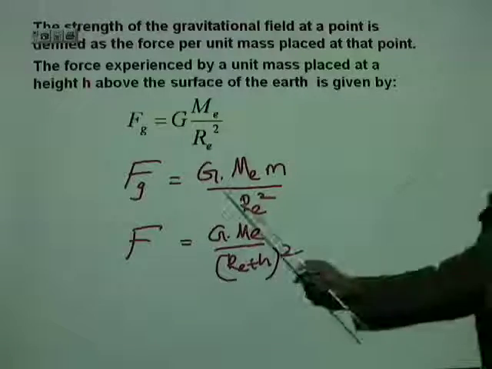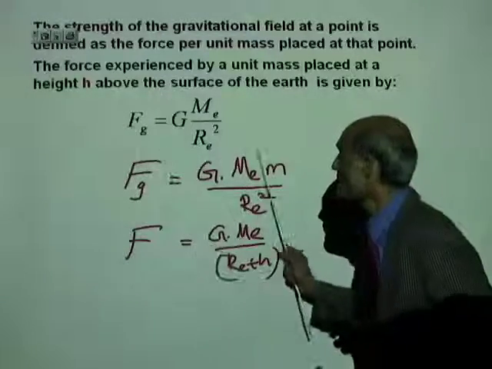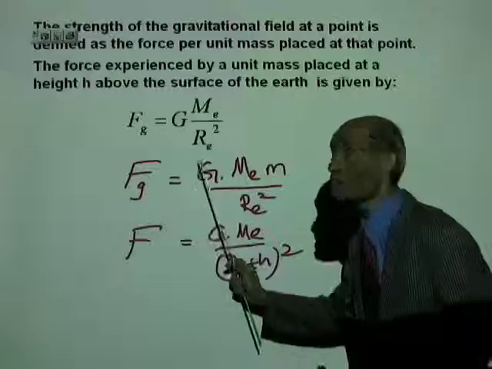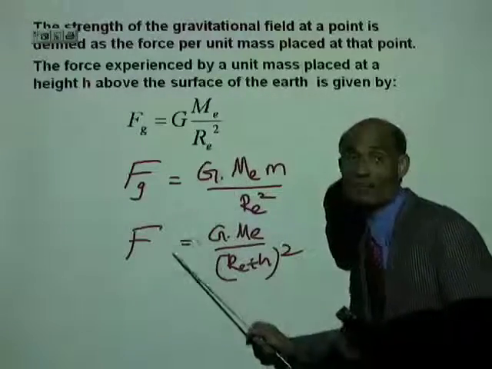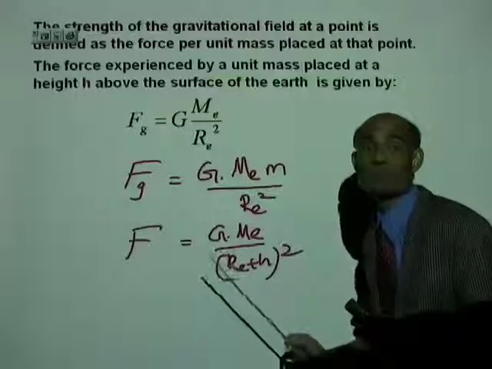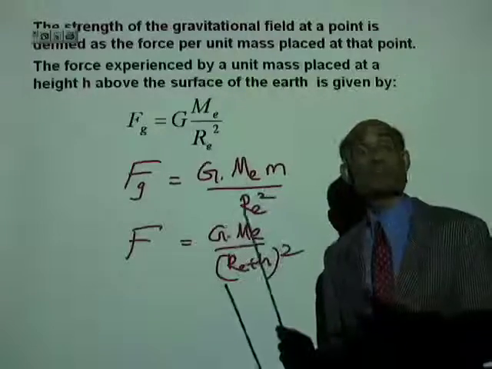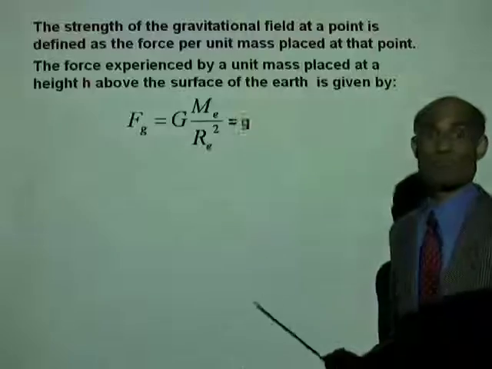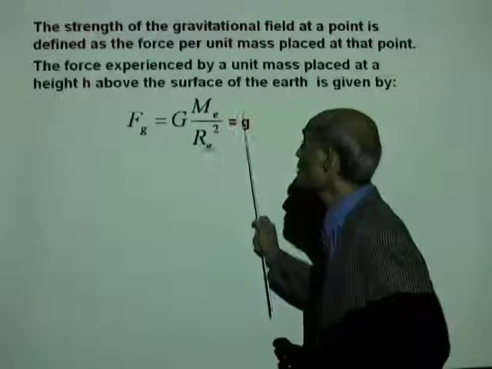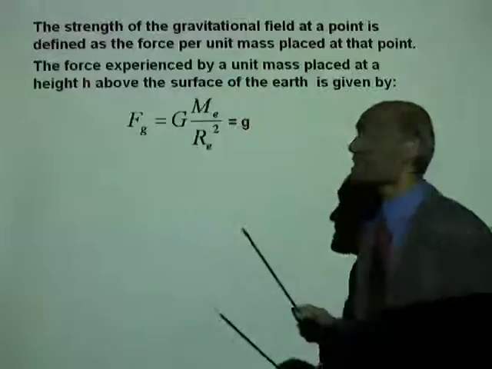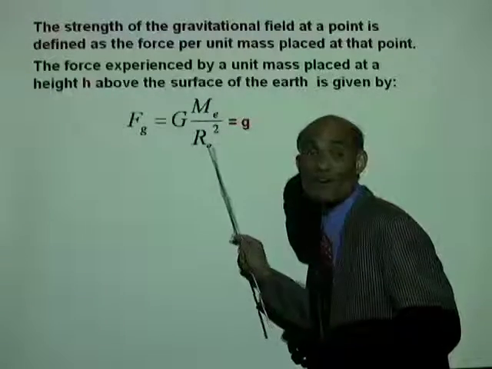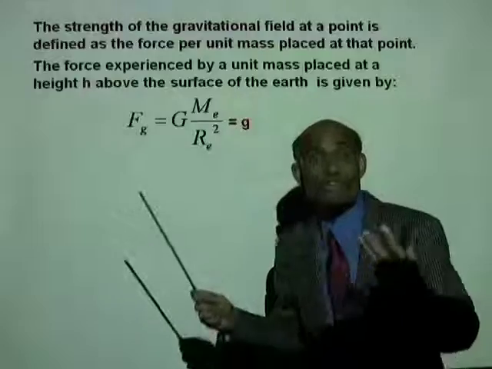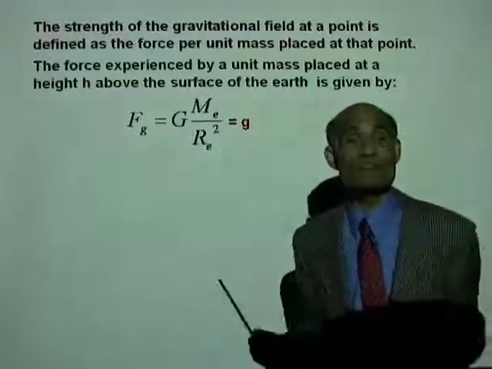So if this is the gravitational field on the surface of the earth, this quantity where m equal to 1, then this will represent the gravitational field at a height h above the surface. Alright, and this is equal to g, is that right? Because G Me over Re squared is what is called acceleration due to gravity.